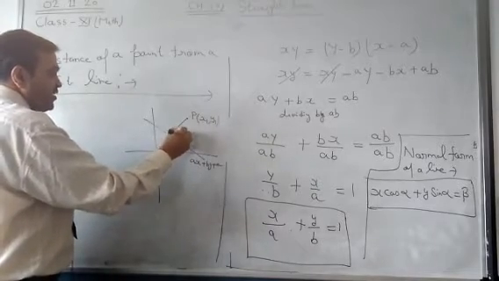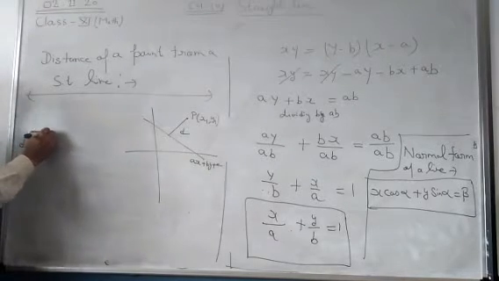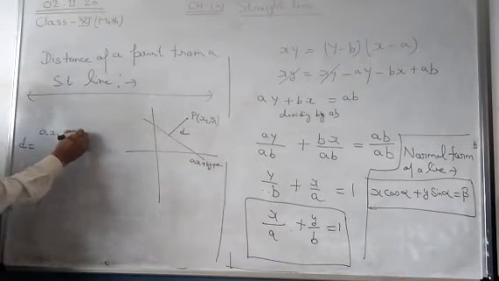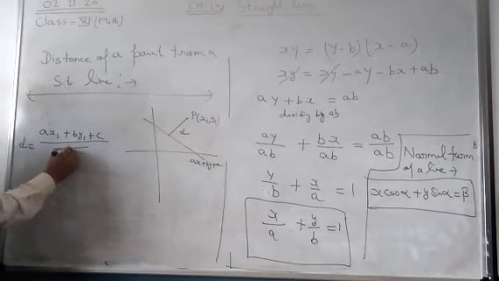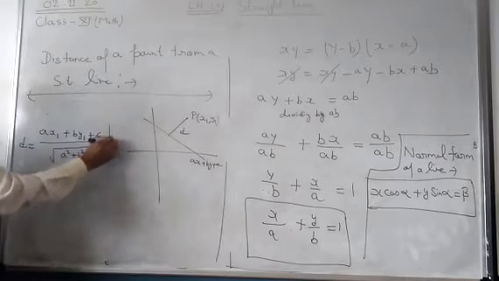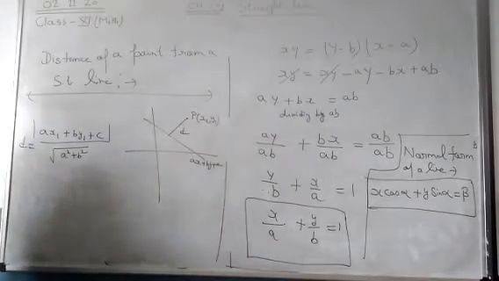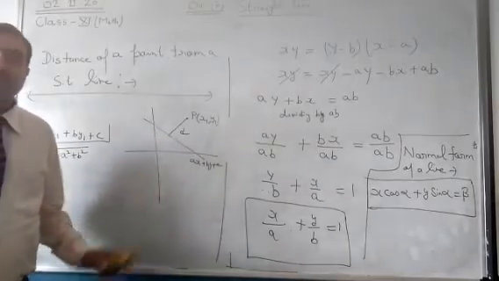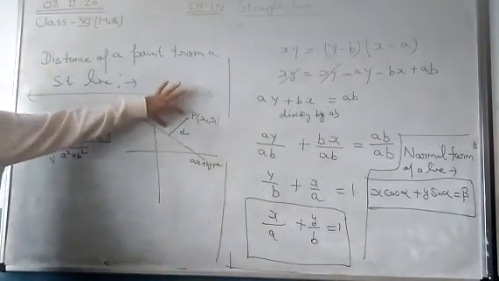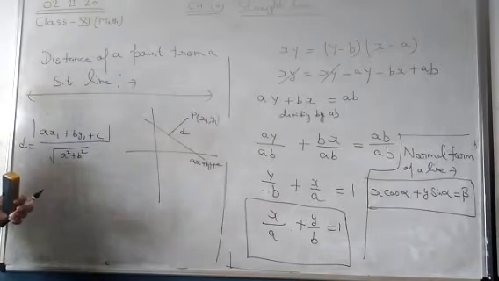Let the distance be d. So d equals mod of ax1 plus by1 plus c upon under root a square plus b square. This is the distance of a point from a straight line, and it is also called the length of the perpendicular.